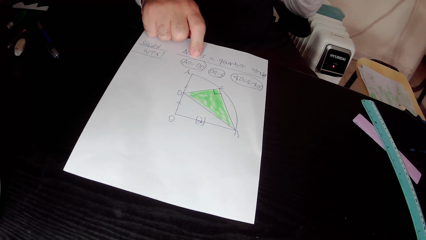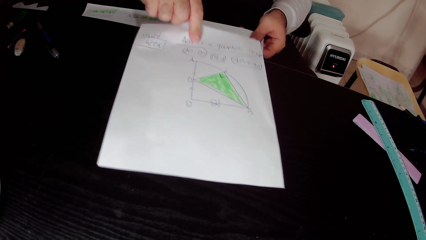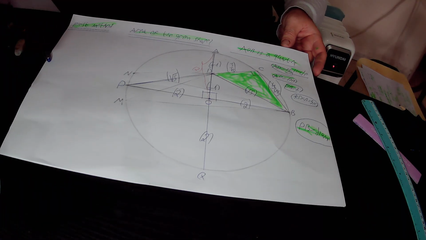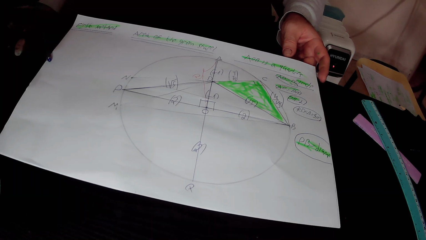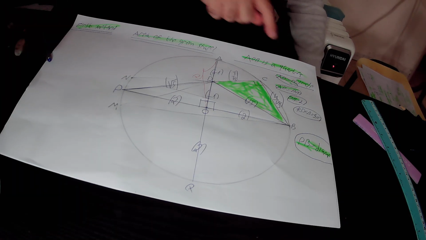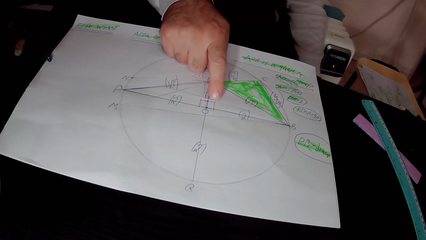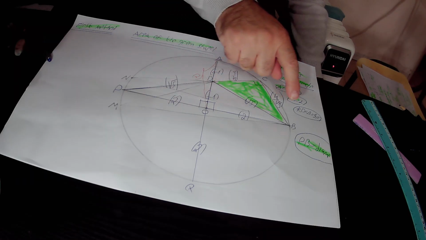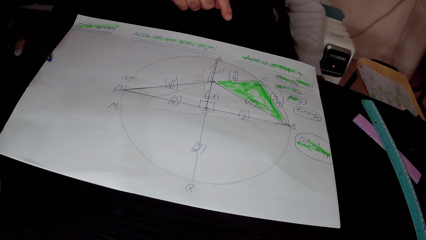We found out the area of this green right triangle by using two different methods. So we start with the first method. AOB is a quarter circle and therefore this is the right angle. Here we have OB equals OA.